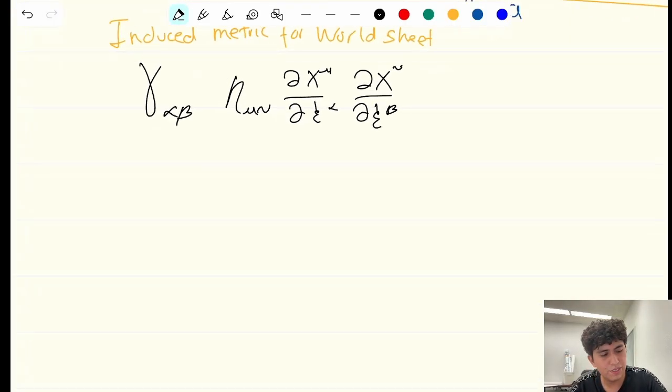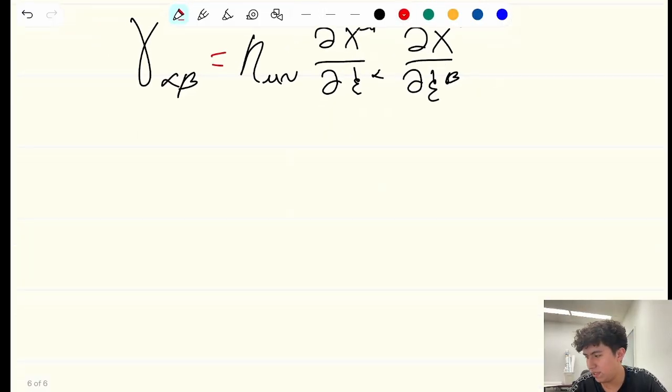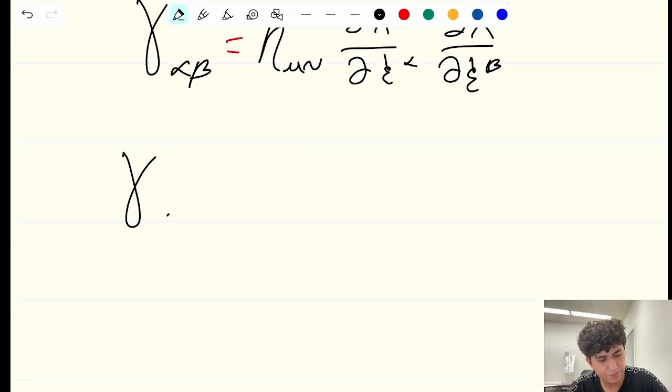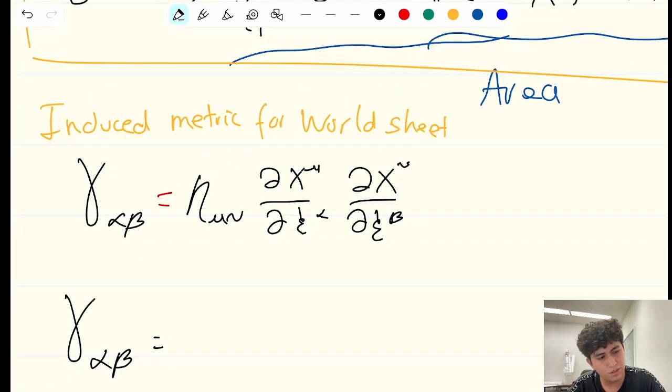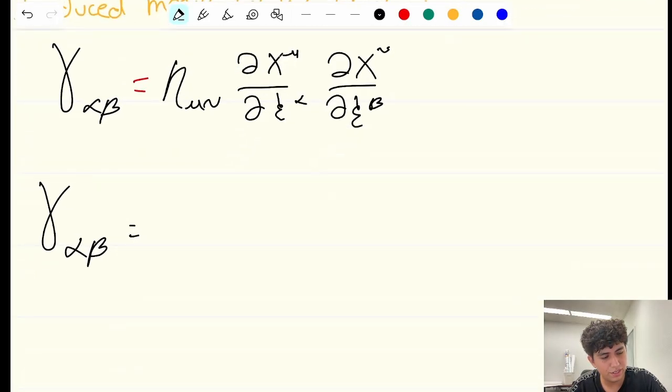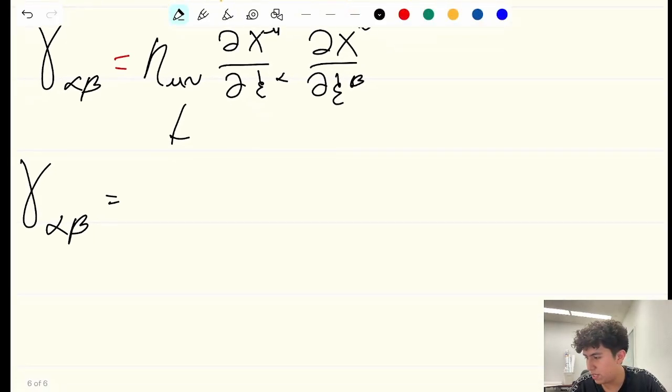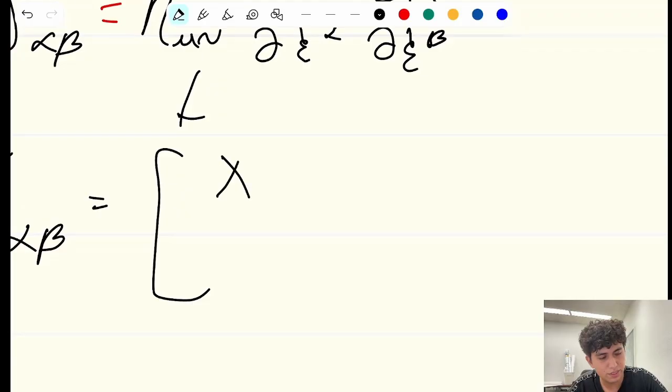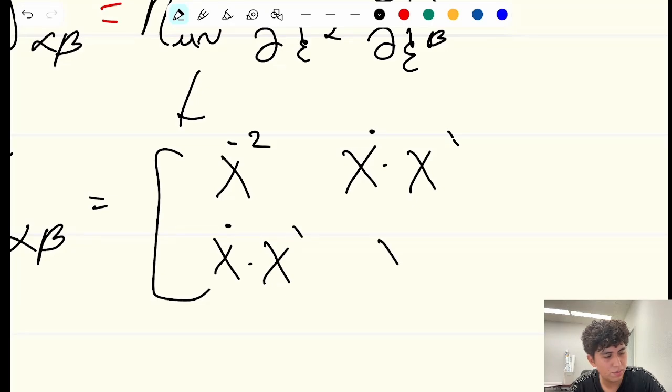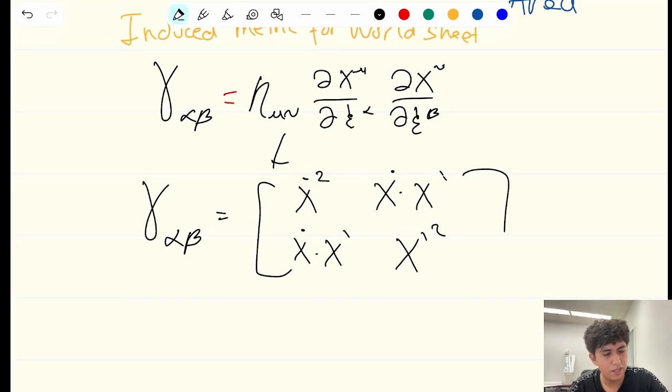So using this definition, you can look at our earlier definition, and from here in matrix form you can write it this way. x dot squared, x dot x prime, x prime squared in matrix form.